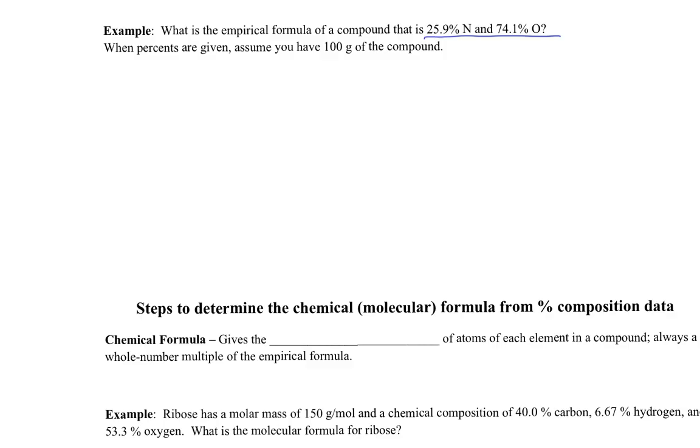And in order to convert this into an empirical formula, when percents are given, assume you have 100 grams of the compound. This means then that if I have 100 grams, I would have 25.9 grams of nitrogen, and I would start with that number. So I would like you to stop the video and do this problem, and then come back and check your answer.